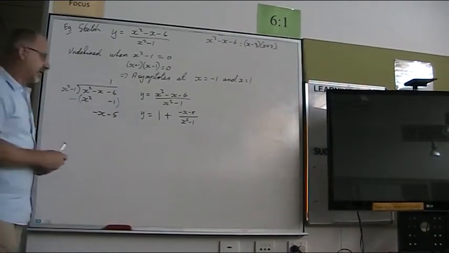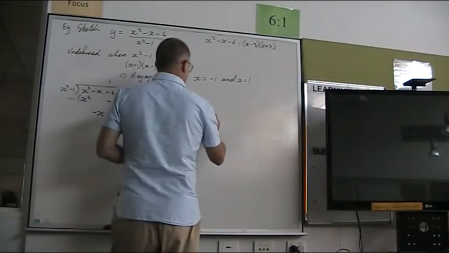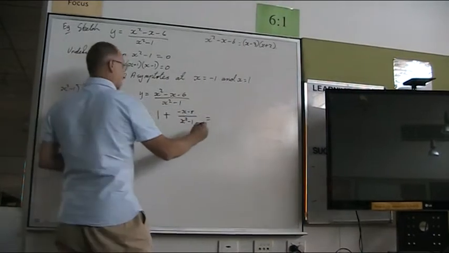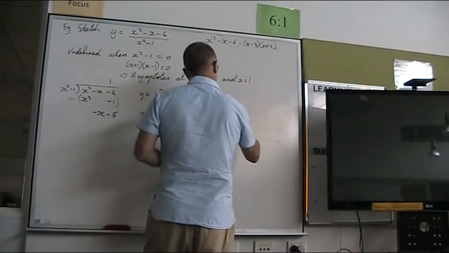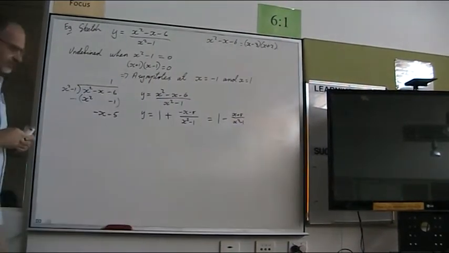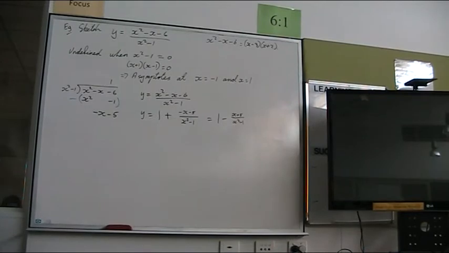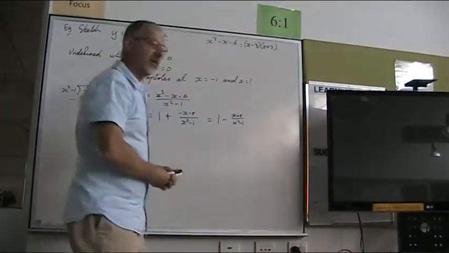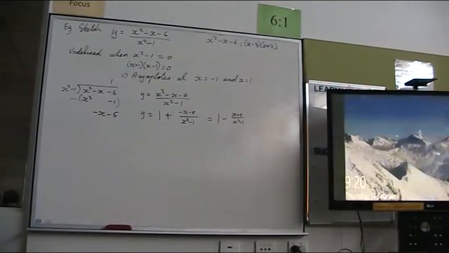Then, of course, we could take the negative out, so we could have it as 1 minus x plus 5 over x squared minus 1.